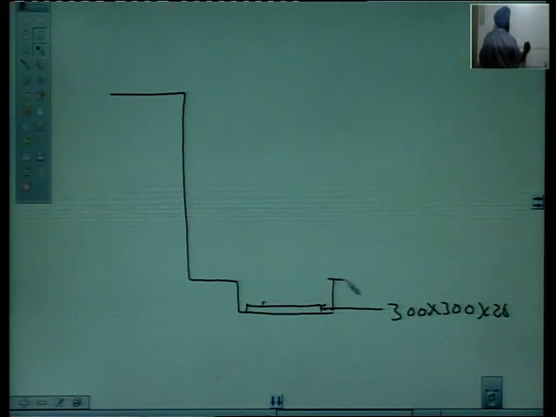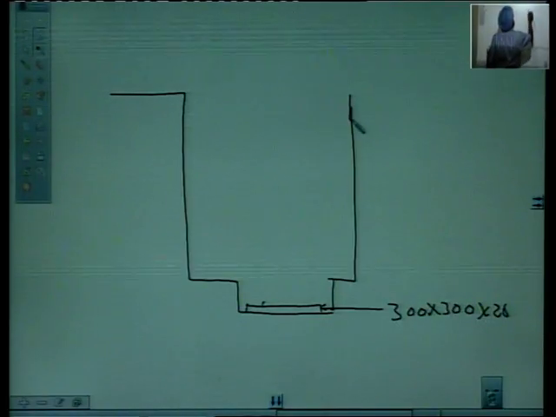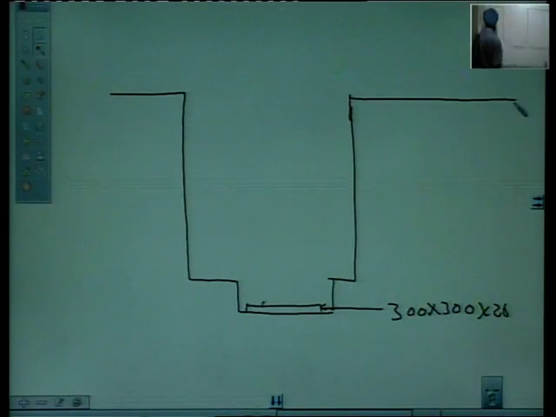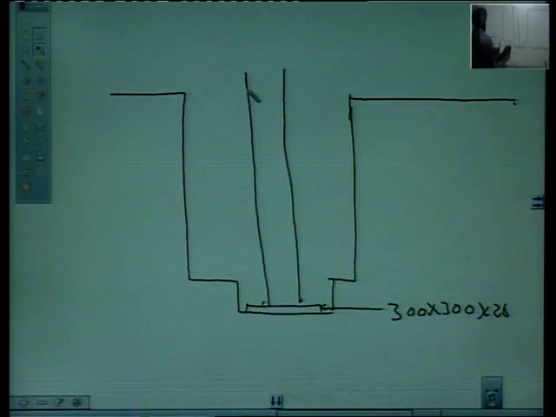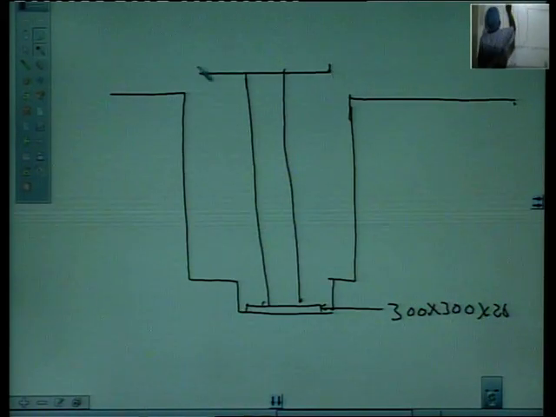So, this is my pit, section of the pit. If a timber bulk is placed at the center of this, over that we have a platform for loading.